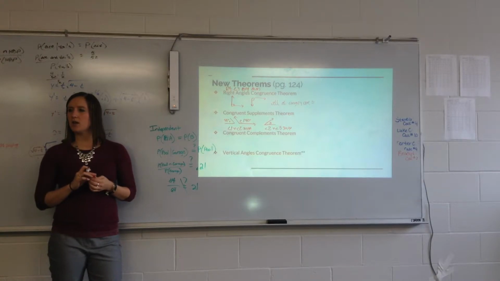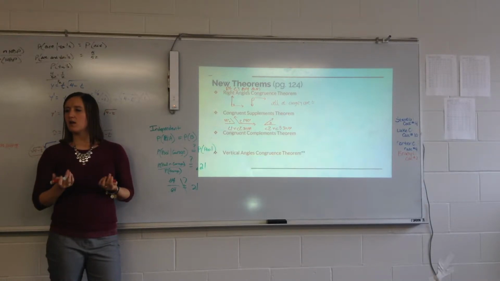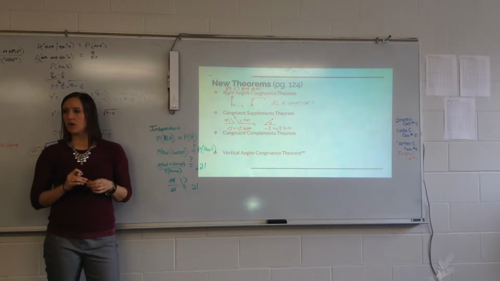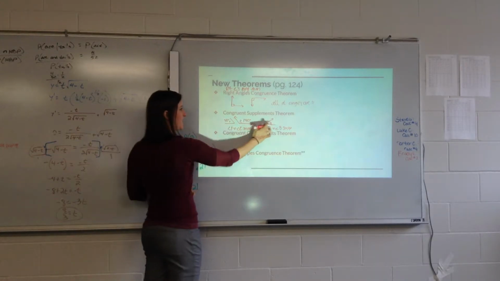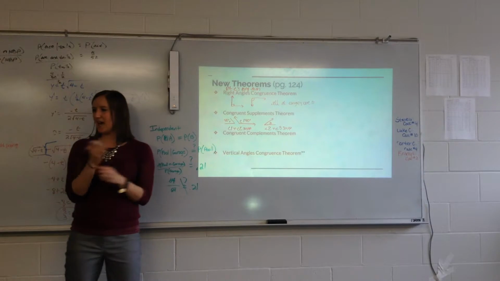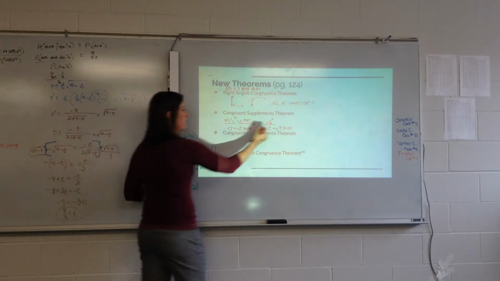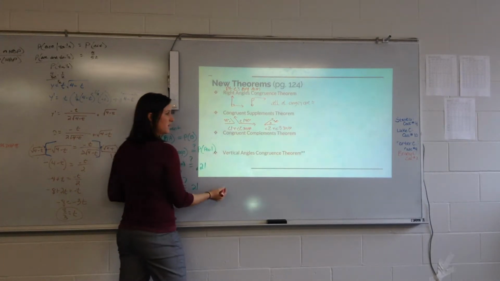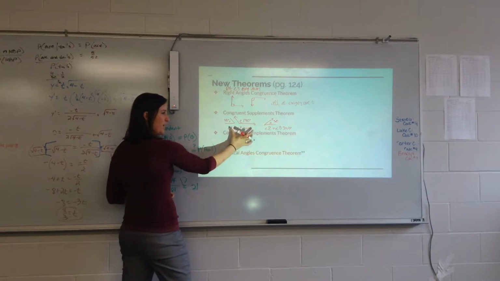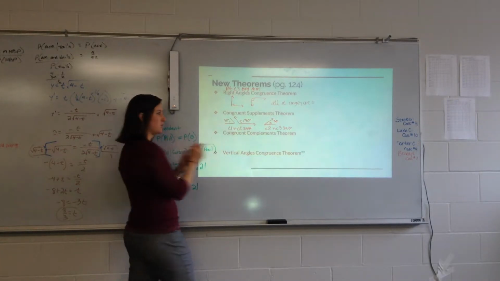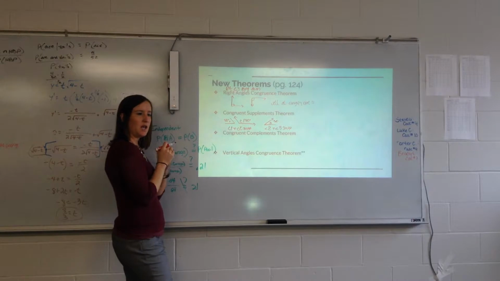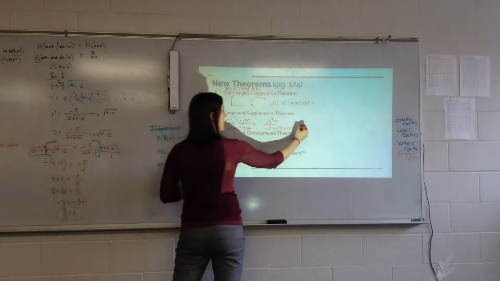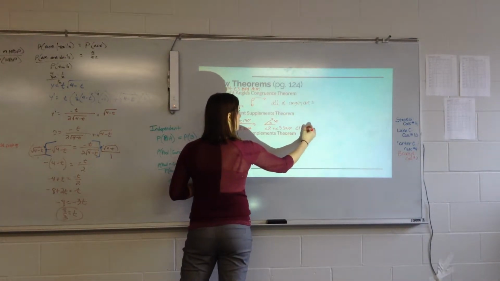40. How'd you get 40? Took 180 and subtracted. Right, because if we know that this angle and that angle are supplementary, they have to add to 180, right? So we know that this is going to be 40 degrees. So we know if we have these two supplementary angles and then 3 and 2 are supplementary, this theorem tells us that angle 1 will be congruent to angle 3.